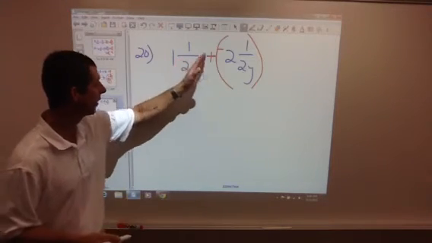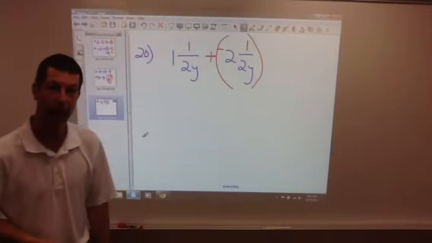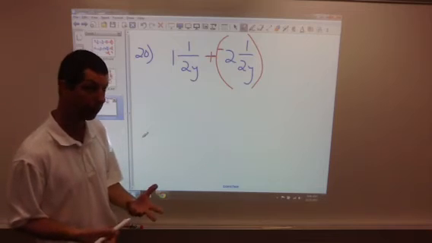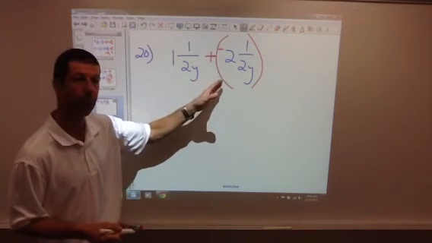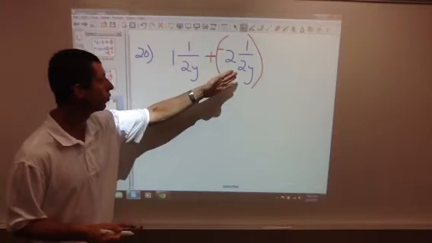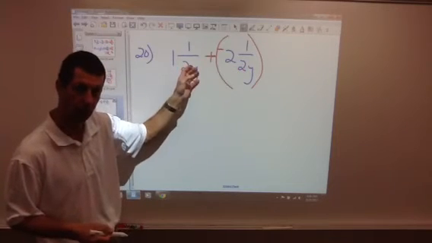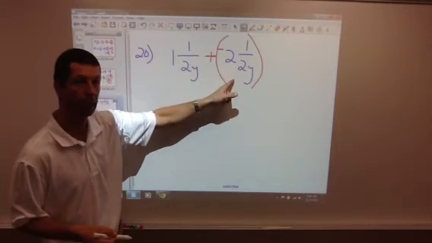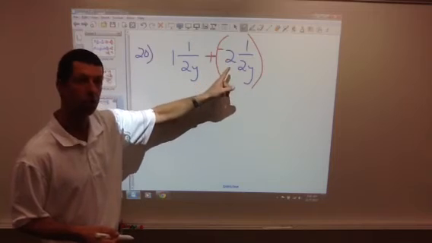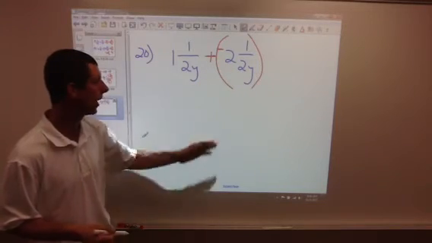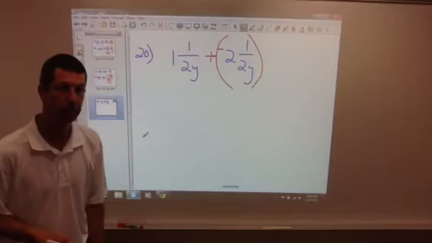We have a positive plus a negative. If we have a positive plus a negative, we subtract and we put the sign of the number that's further from 0. Which one of these is further from 0 on a number line? This one right here is. It's a negative, so my answer is going to be negative. So I have to subtract, and my answer is going to be negative.